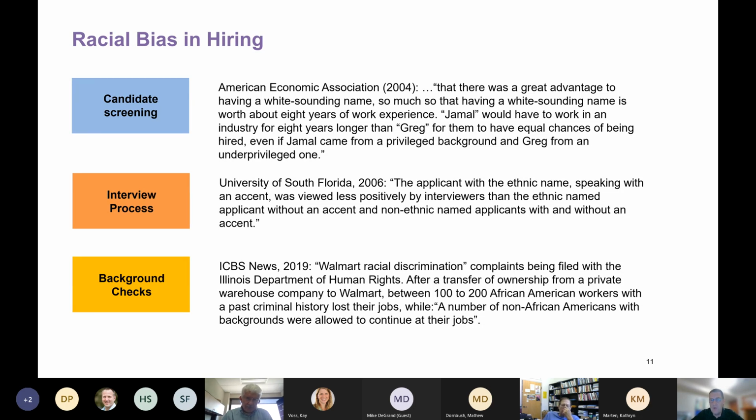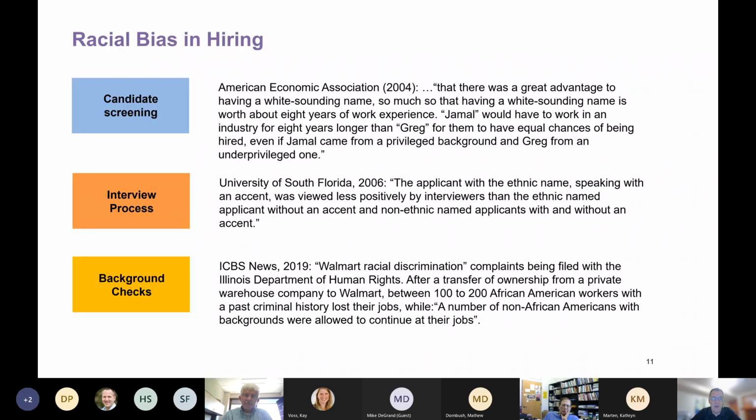In one study in 2004, the American Economic Association found that if the name of the candidate presented to decision makers was Jamal, they discounted the qualifications versus if the name was Greg. And Jamal factually needed to have 8 more years of experience to overcome that discount as they varied the different scenarios. So that's pretty significant just based on the name.